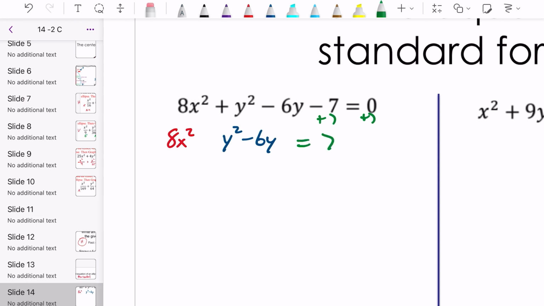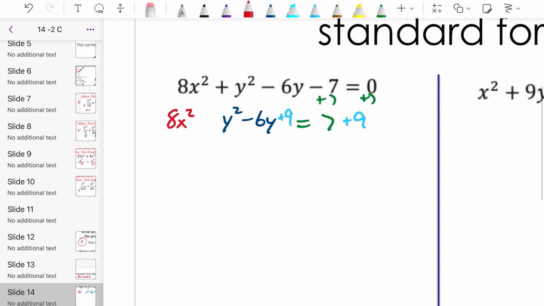Now, we're going to have to complete the square for this problem. We're going to go ahead and grab b, which is negative 6, divided by 2, which is negative 3, and squared, which is a plus 9. We're going to add that 9 to both sides. Once we're there, we're going to go ahead and rewrite the entire equation.